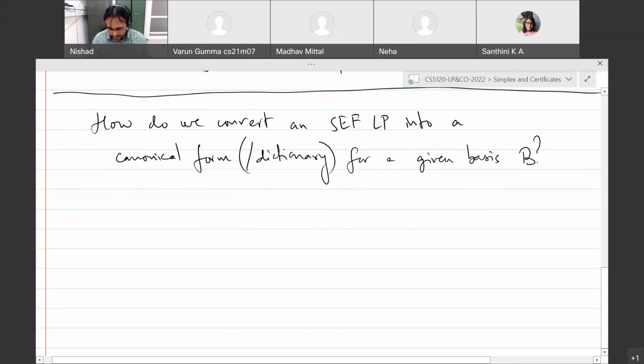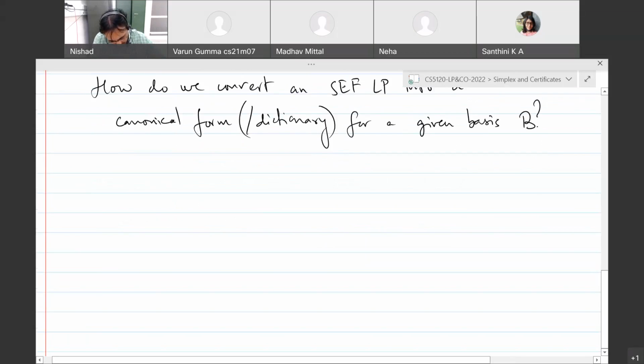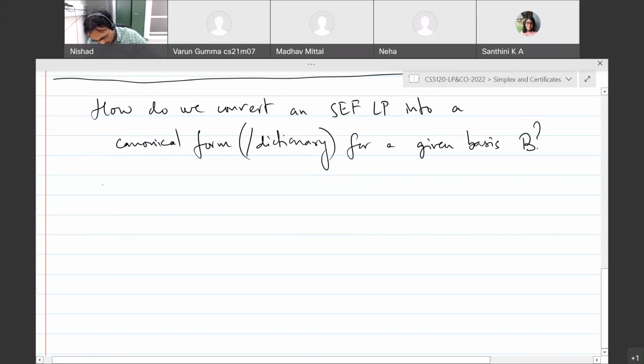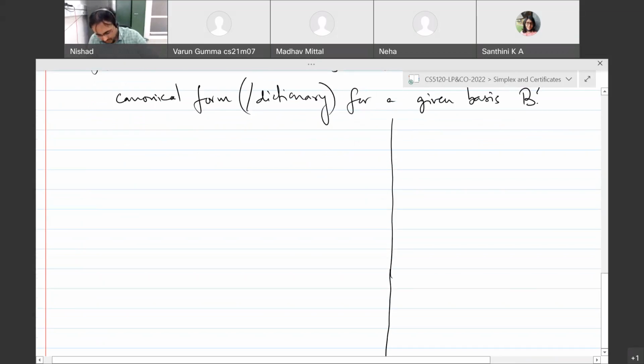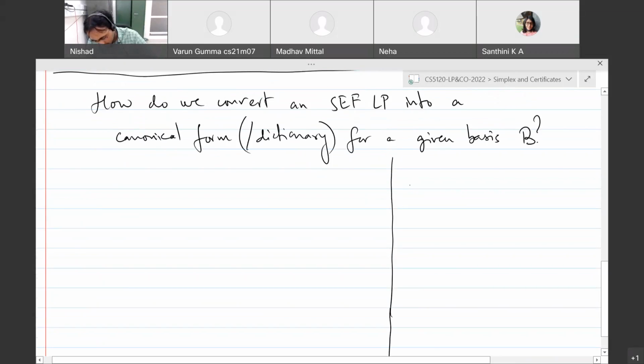So, let's see. I want to do an example on the side and also show you the theoretical translation of it. So let's say we are given an SEF LP, maximize C transpose x plus some constant.